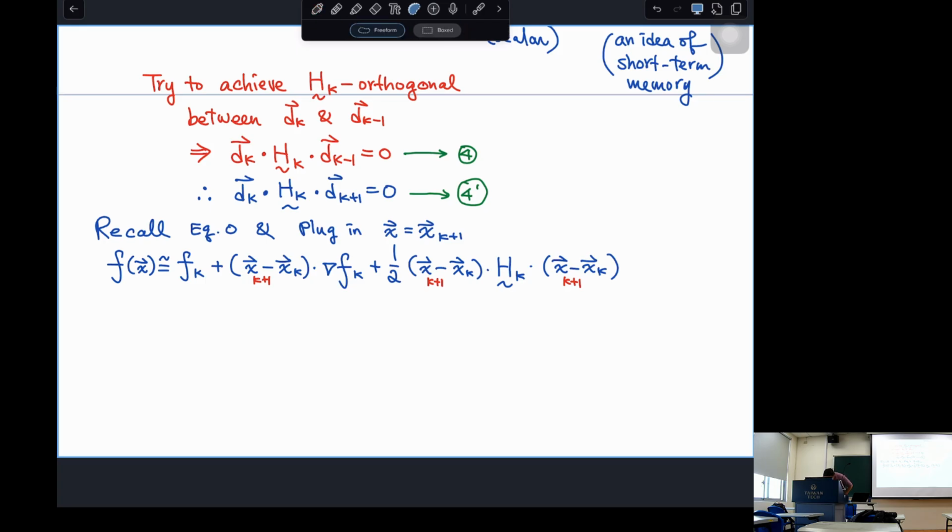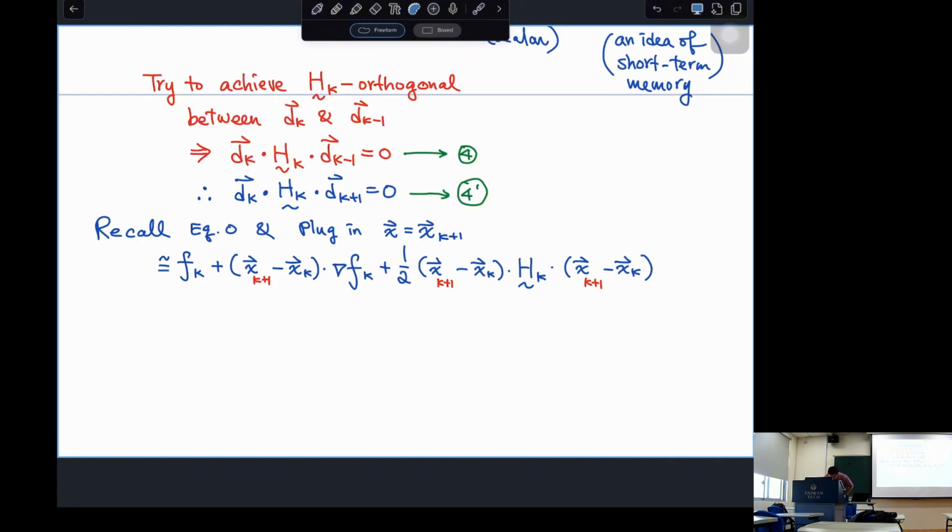So it's a little crowded. Let's move it in this way. Like this. And on the left hand side, it's becoming fk plus 1, because I plug in x equals to xk plus 1. So I end up with something like this.